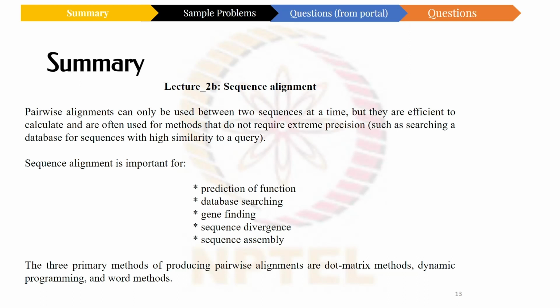A match indicates no change since divergence. A mismatch signifies a substitution, that is, one amino acid is replaced by another amino acid, or one nucleotide is replaced by another nucleotide. Next is insertion or deletion, where a particular amino acid is inserted or deleted.